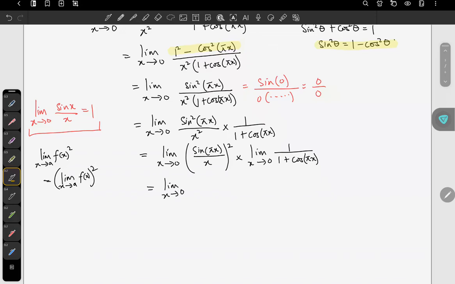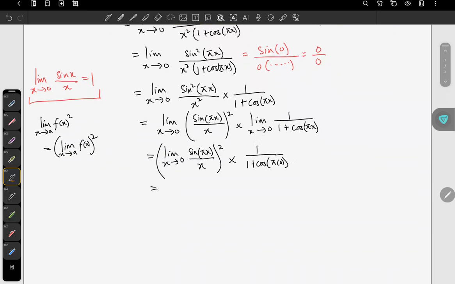What does that mean? It means I can actually pull this inside and say this is sine pi x over x squared times the one on this right. I can actually go ahead and do the substitution. This is 1 over 1 plus cos pi times 0.